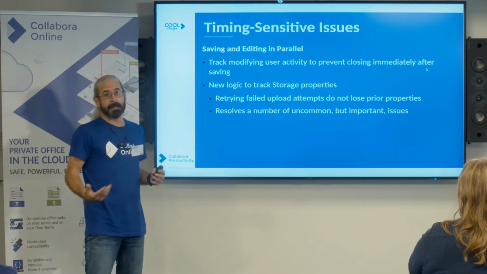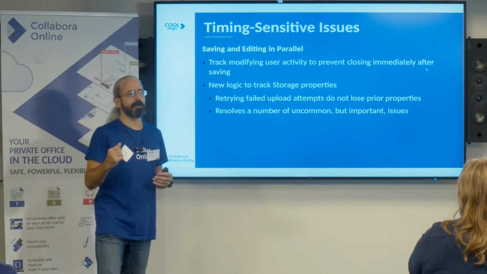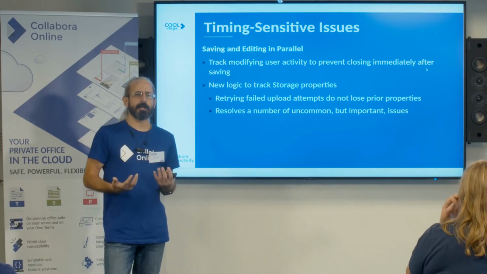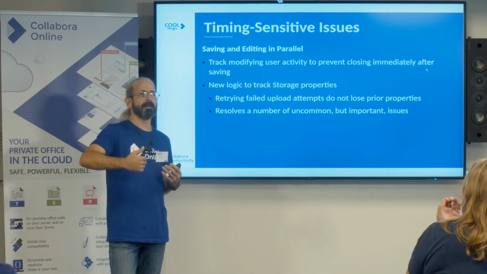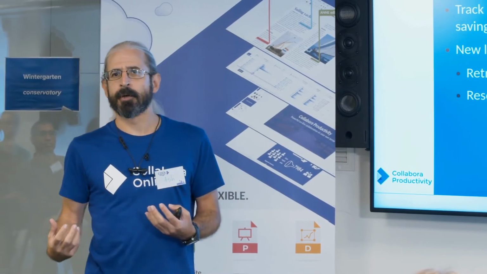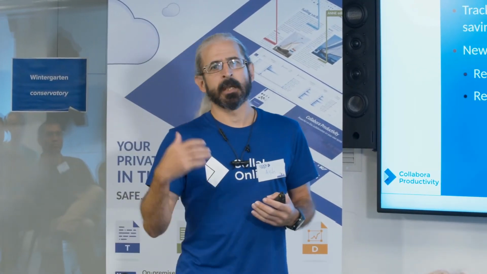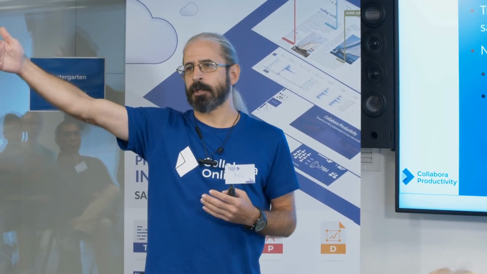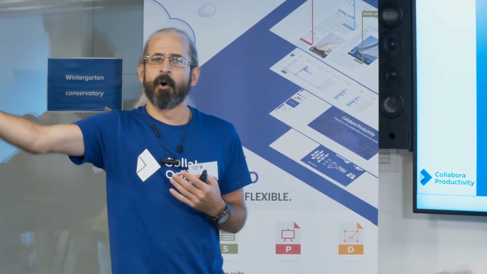Now, to make things even more complicated, whenever you save a document, we give the integration the ability to add what we call storage properties. So you can, for example, dictate overriding any version that isn't in storage, so you can force overriding it.